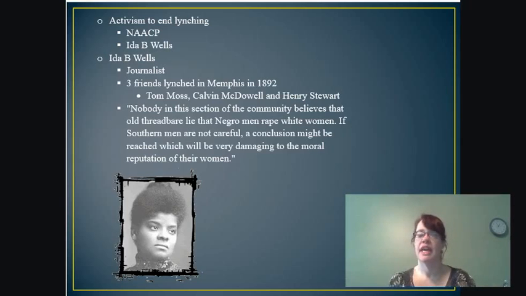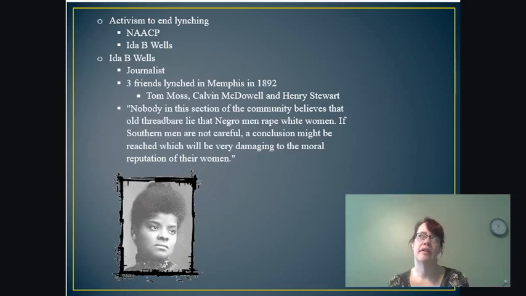As I said, in her books, she starts to collect data. She's a journalist, so she starts to collect data about why these lynchings are happening, how often they're happening, where they're happening. And she finds out, much like the statistics I quoted to you earlier, that they're not a small part of the population, and they're not just isolated to a few areas.